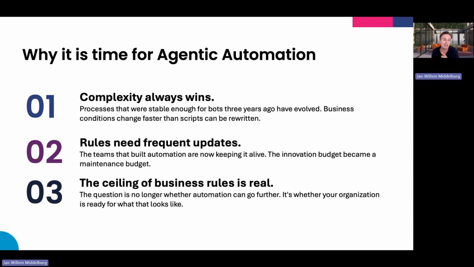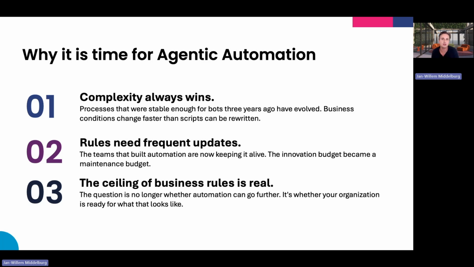Secondly, and inherently related to that complexity, is that if you design rule-based systems, they would need to be frequently updated. Many of you who have been using AI or RPA solutions know that if interfaces change, then you need to update your workflows.